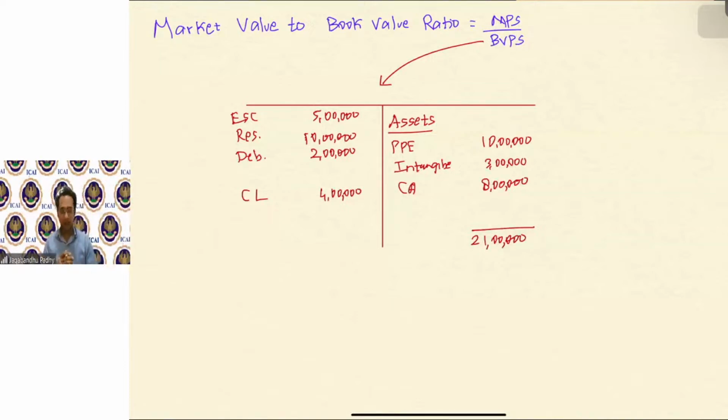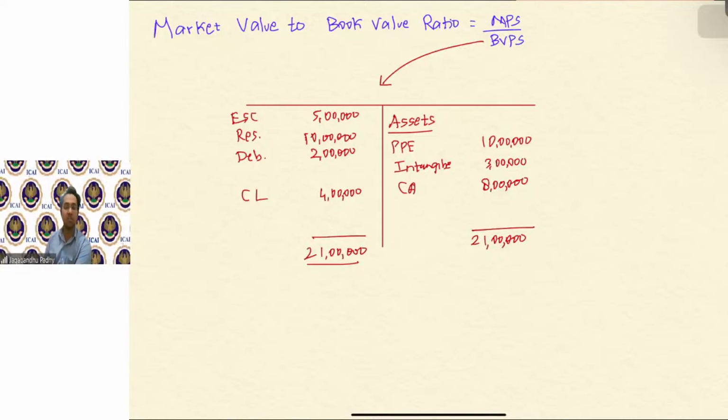Of course, it should get tallied. I think it is getting tallied on this 21 lakhs. So 4 plus 2, 6. Yeah, 21 lakhs. This is a summarized balance sheet of a company.